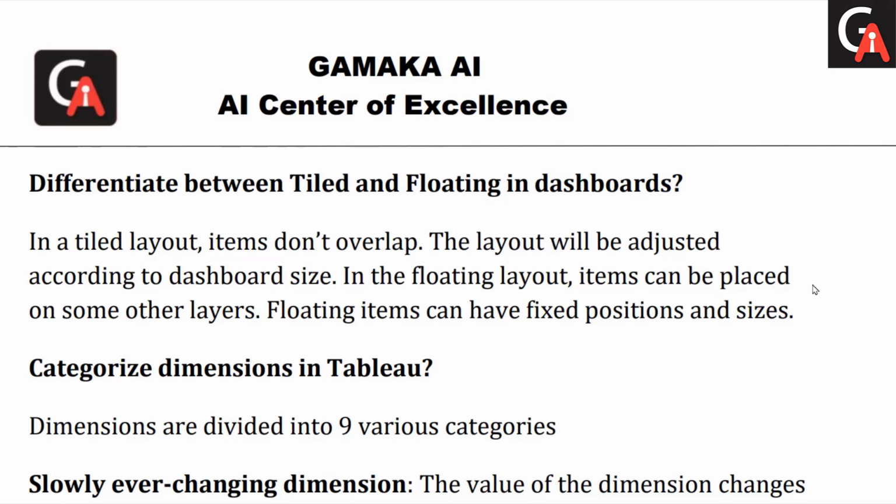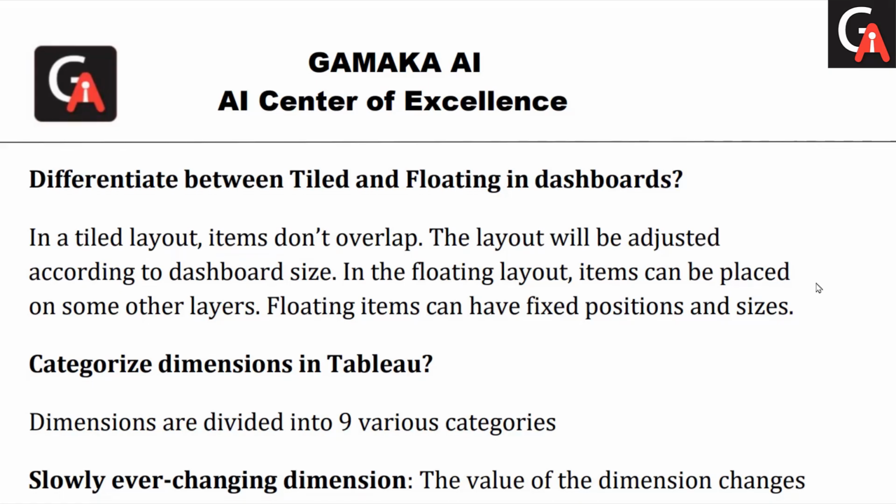Floating items have fixed positions and sizes. So basically, if you want to adjust the visual based on our requirement, then we can use floating. Or if you want to adjust the visual based on the total area we have and the total visuals we have in the report, then we can use the tiled one.